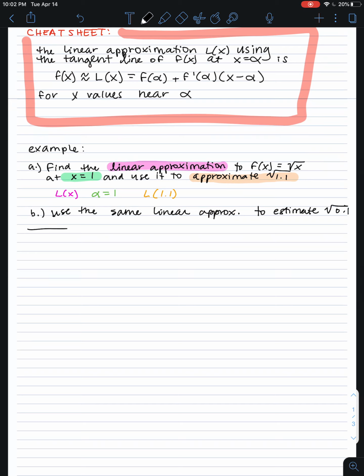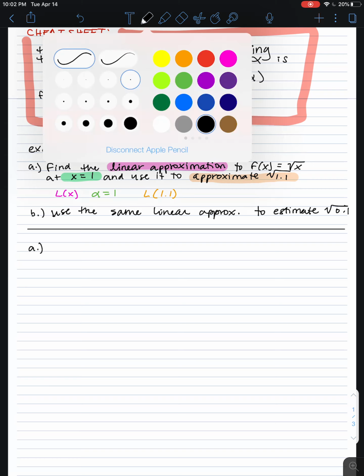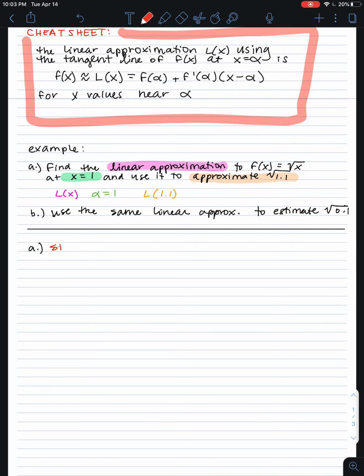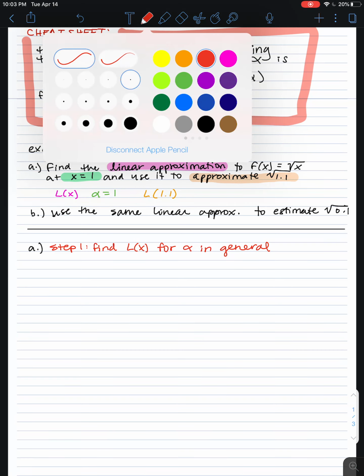So for part A, our first step is to find L of x for alpha in general. So we're not going to pick an alpha value yet. We're just going to leave alpha as a variable in there.